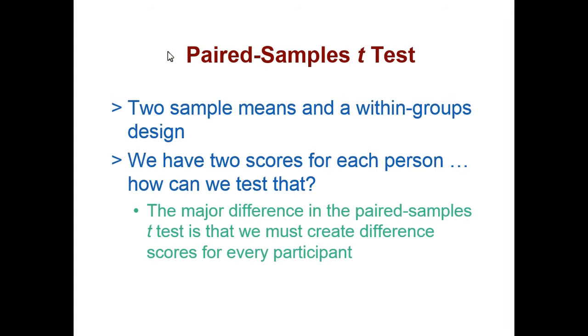Repeated measures is often called a within groups design. This half, repeated measures, within groups, is the type of research design. Dependent T, paired samples T is the type of statistic. They go together, they're not quite the same thing. Okay.